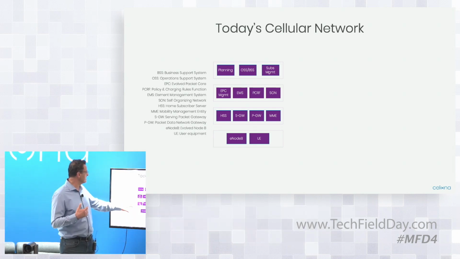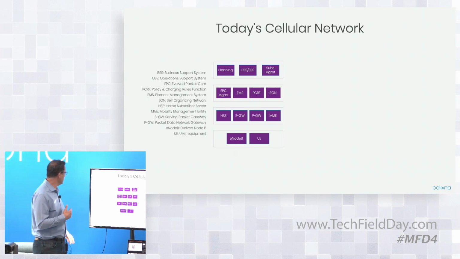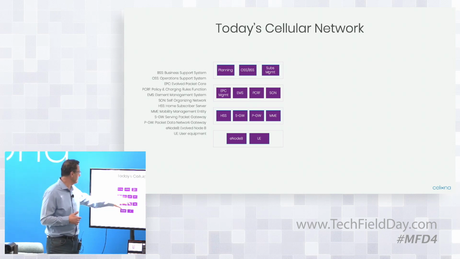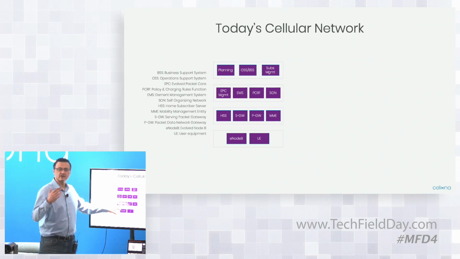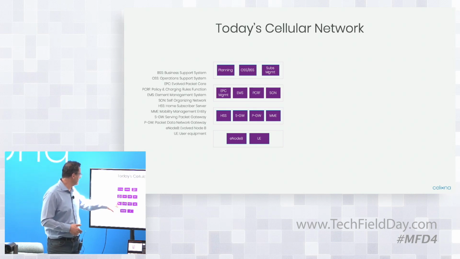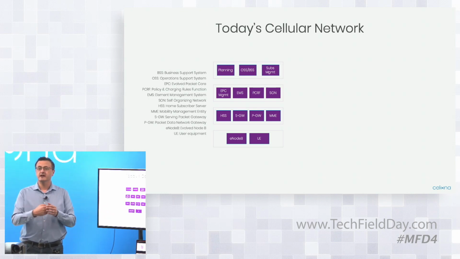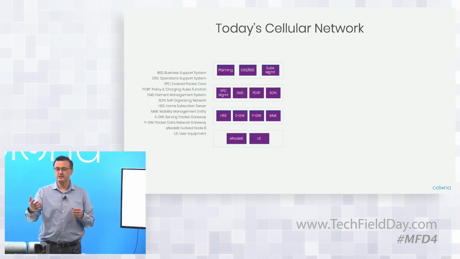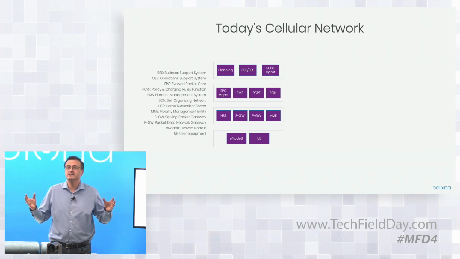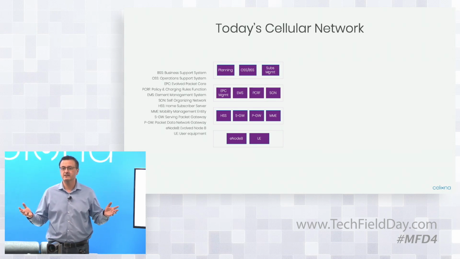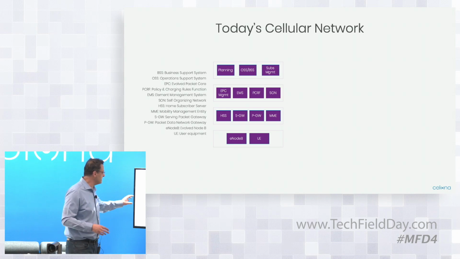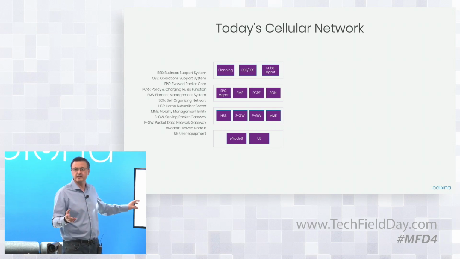For control and signaling, there's the MME, the Mobility Management Entity, that handles all the signaling, authentication, and so forth, leveraging the HSS, the Home Subscriber Server, which is essentially all the SIM-based authentication. That's how it is generally handled as a technology, right? That is the EPC, and this is what operators use today.